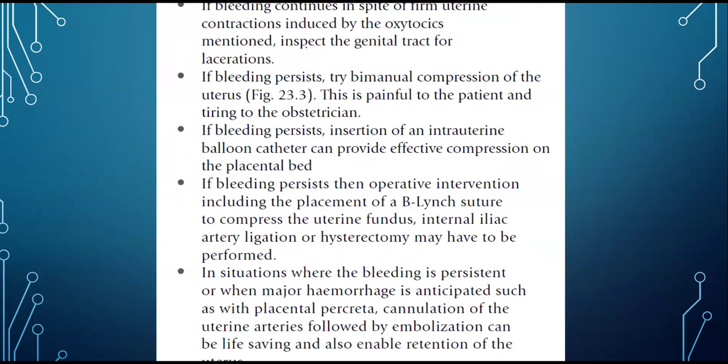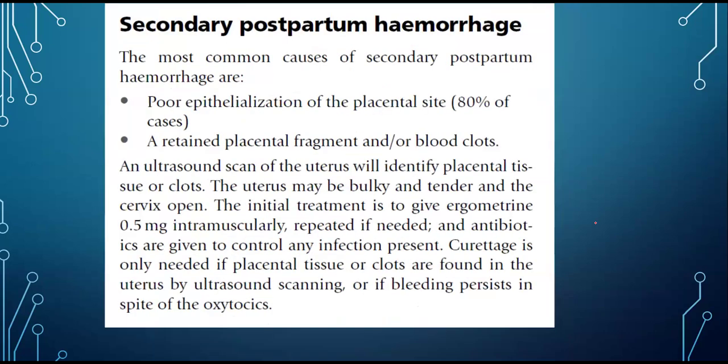Sometimes after oxytocin or ergometrine, if bleeding continues, then a specialist will come and try any of the others like misoprostol, intramyometrial prostaglandin, bimanual compression. Then there is B-Lynch suture. Now this is not important for you. It doesn't come in exam. All they want you to know is that if primary PPH is the cause, fundal massage is the first step.